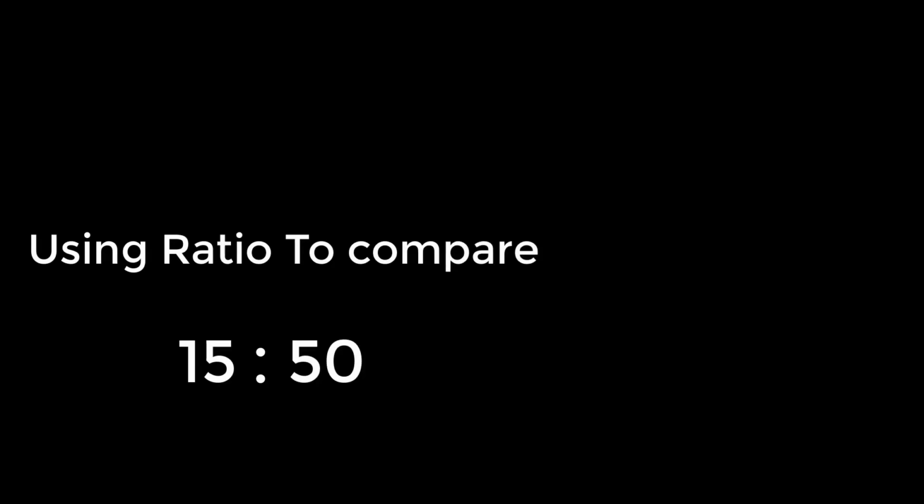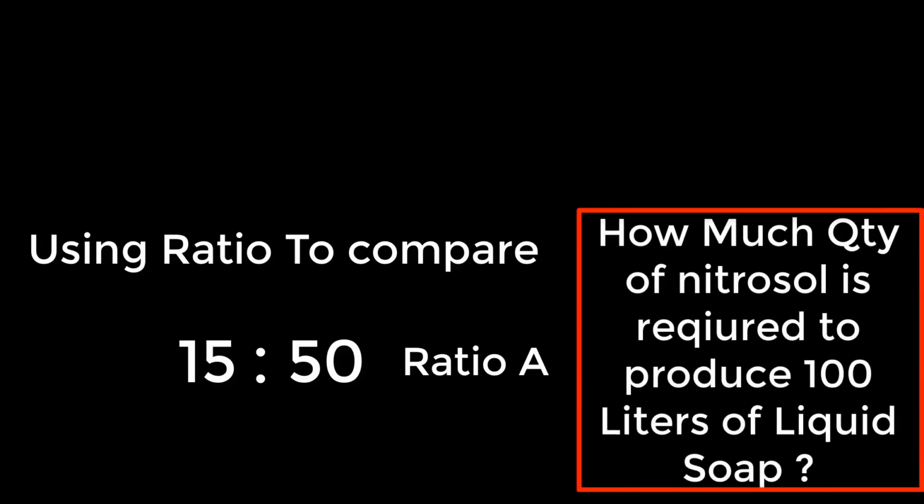This is 15 to 50, which means that to produce 15 liters of liquid soap, we will require 50 grams of nitrosol. Let's call this ratio A. Our question is, how much quantity of nitrosol is required to produce 100 liters of liquid soap?